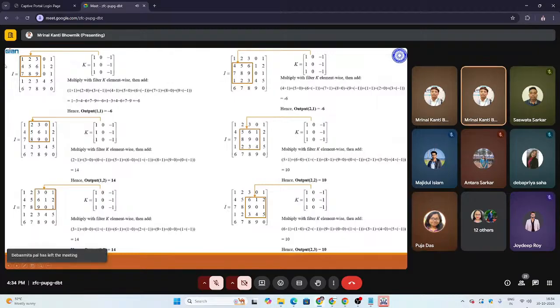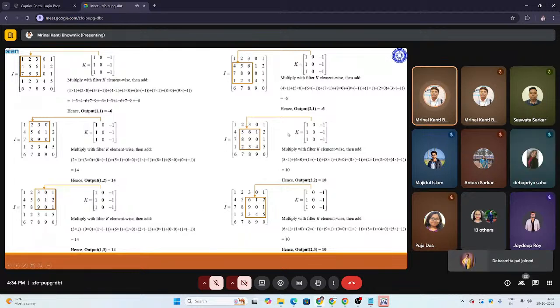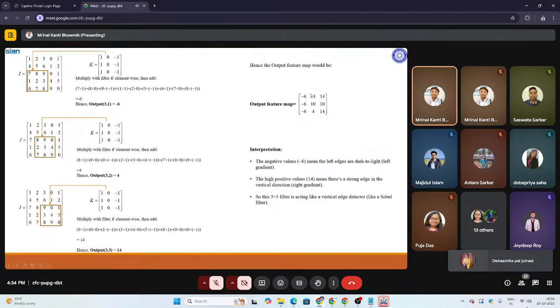Yes, audible. Okay, sir. So I have performed a convolution operation. As I said, the output here comes to minus 6, and for this part the output is 14 and 14. Collecting all the values together, in the next slide the feature map comes like this.